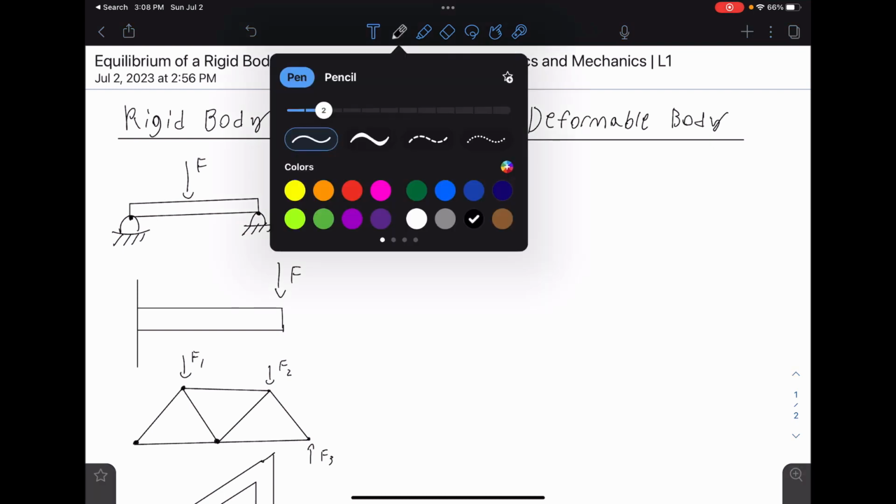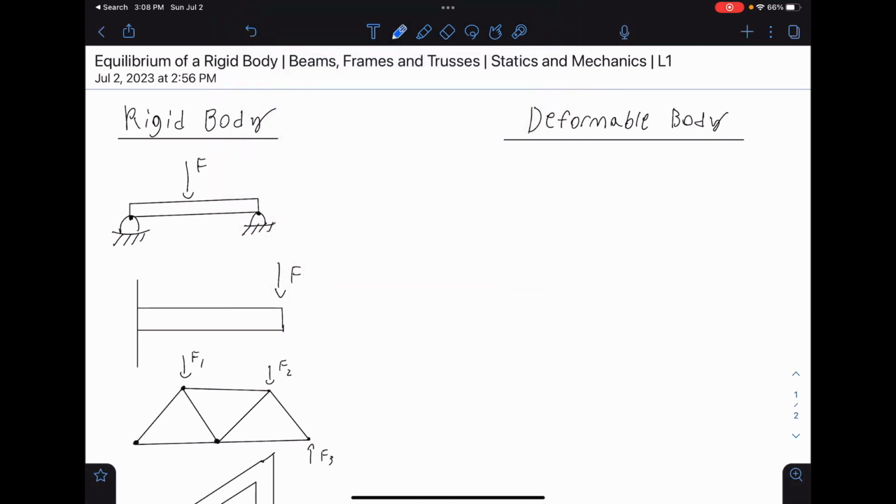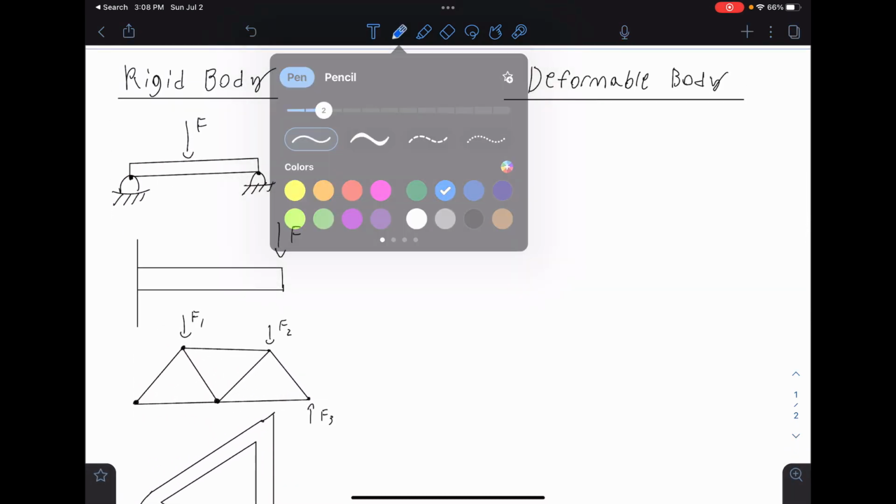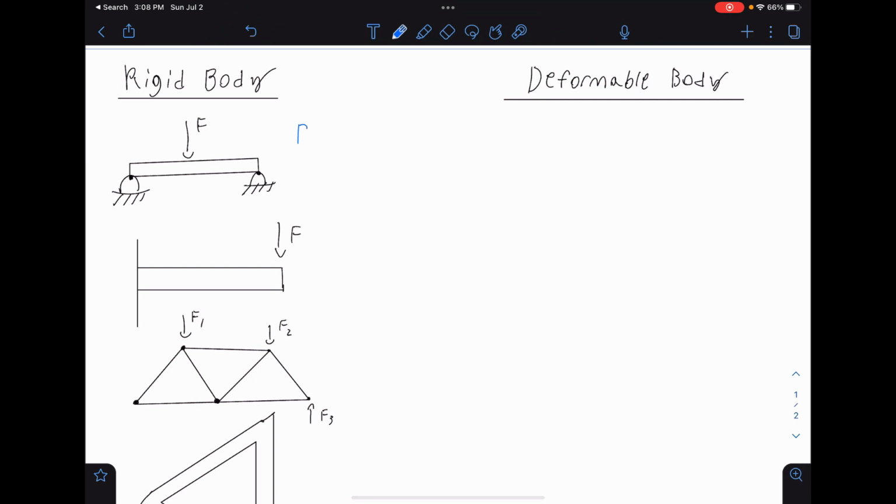But a rigid body is actually just any structure that does not change shape as force is applied. Now, as you can see, I have drawn some examples of rigid bodies. So up here, we have just a beam, and there's a force being applied to it, and there's some supports holding it up, right?